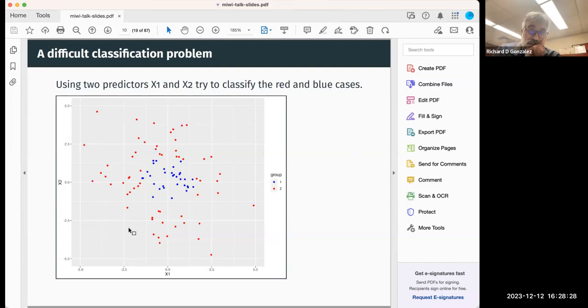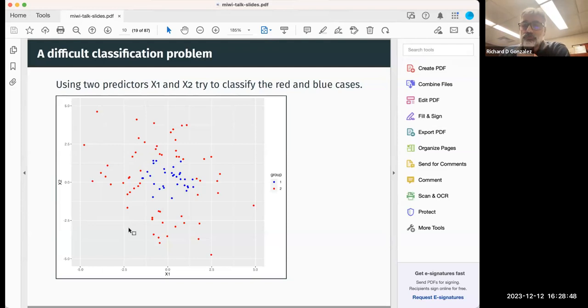It turns out that this particular data example is extremely difficult to develop a classifier for, because the blue dots are in the center and they're surrounded by the red dots. The red dots make a larger circle around the blue dots.